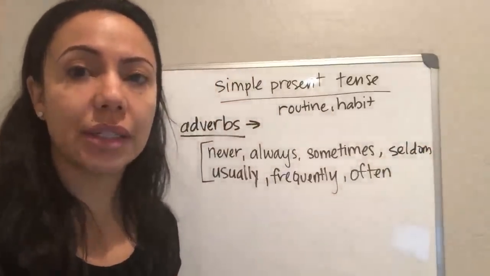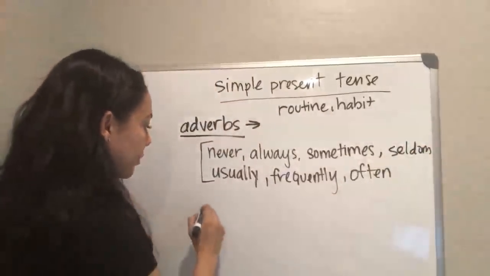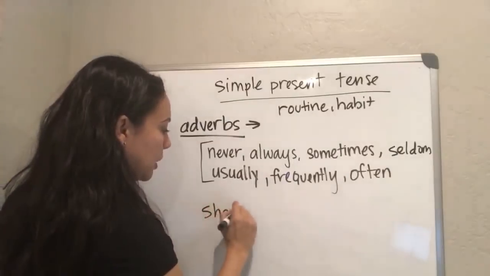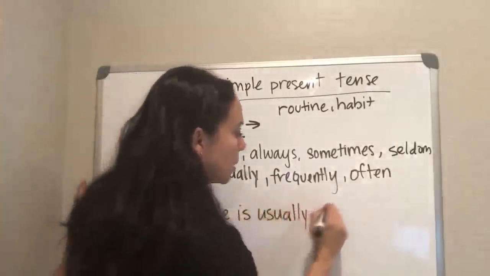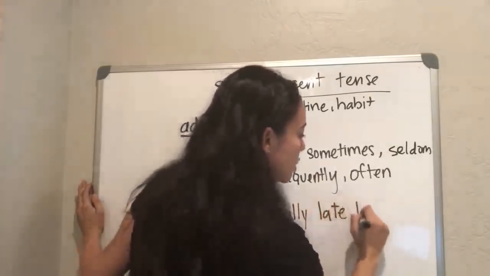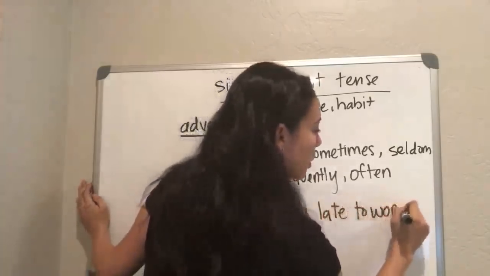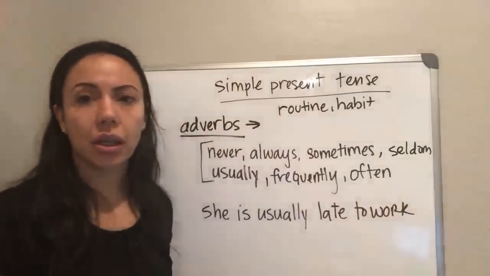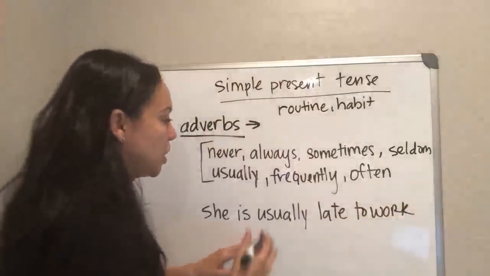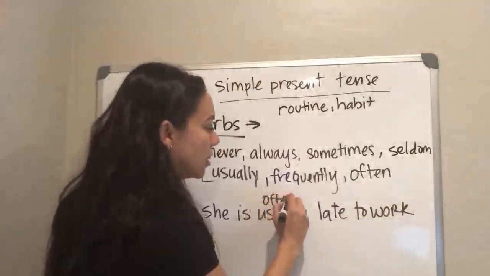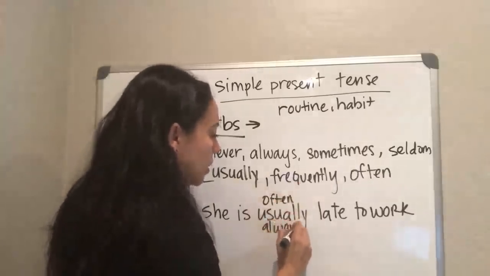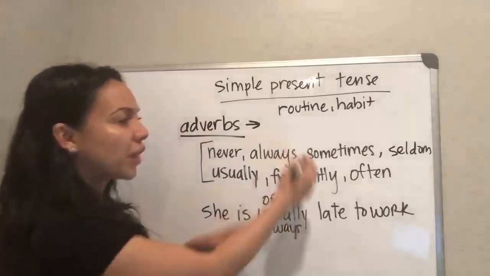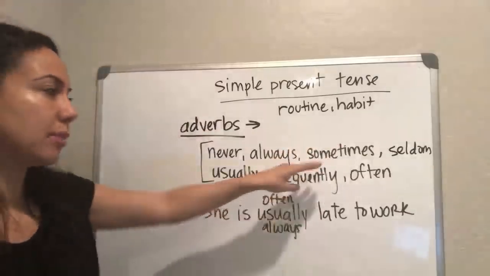So let's say, for example, she is usually late to work. She's usually late to work. She is often late to work. She is always late to work. She's frequently late. I mean, we could use she's sometimes late to work.